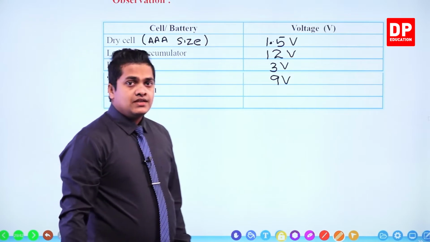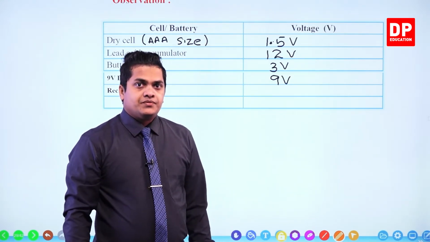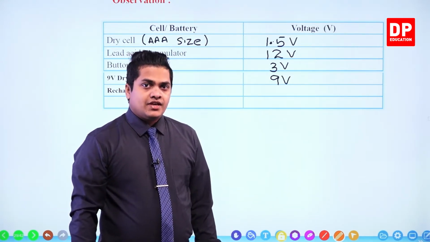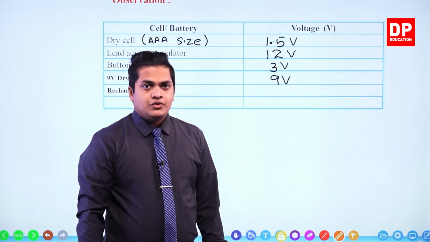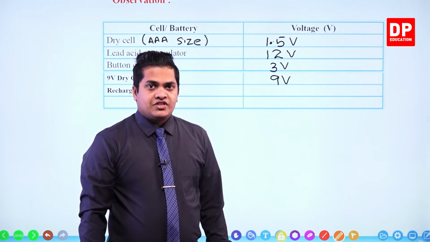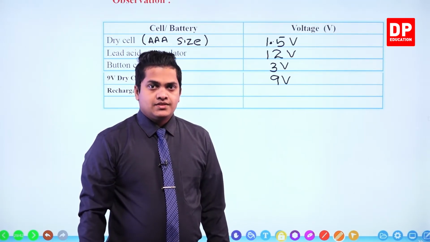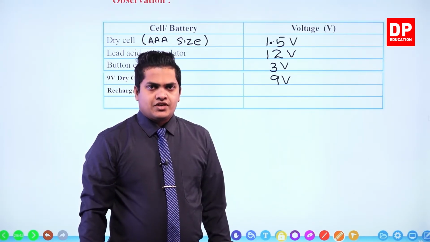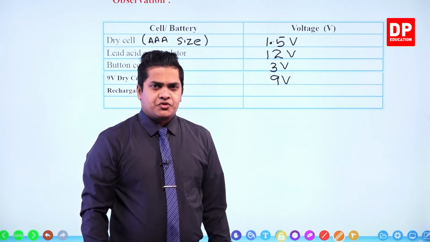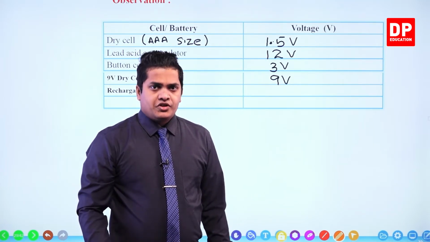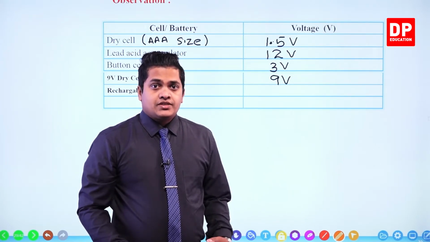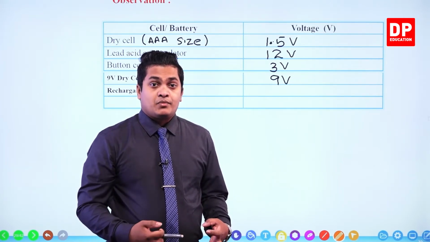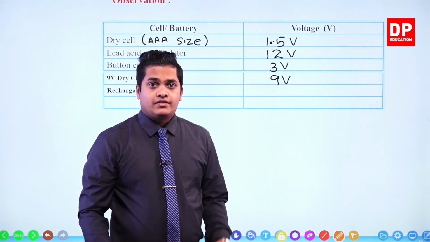Then there was a rechargeable cell also, right? That rechargeable cell was dried out. We use rechargeable cells in different types of instruments like remote controllers, most of the time in our telephone batteries, and sometimes in some torch flashlights, right?